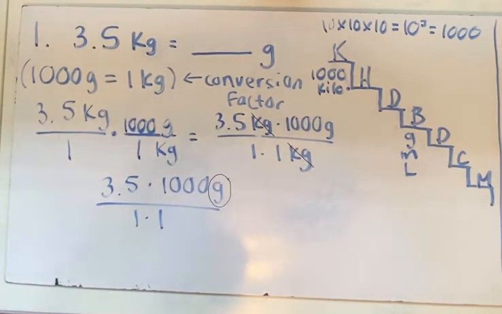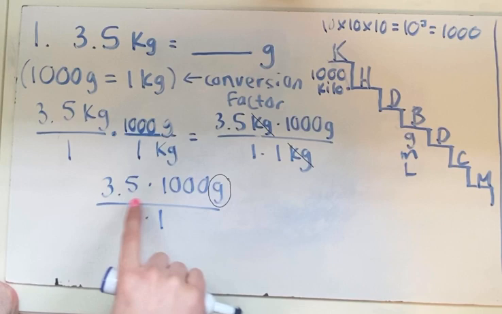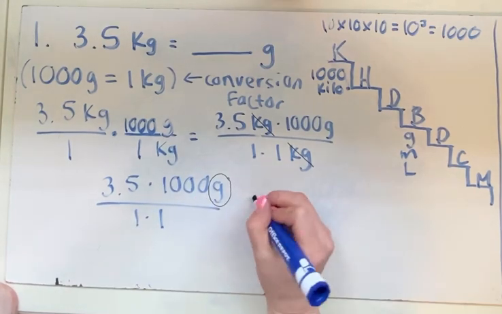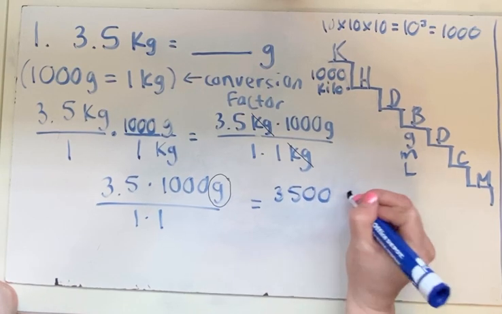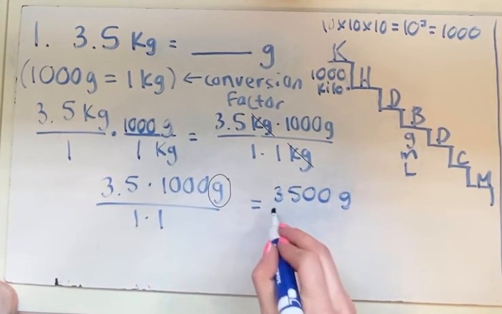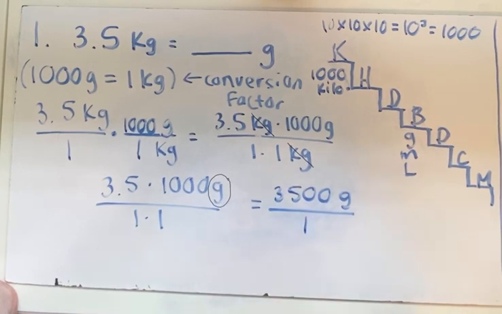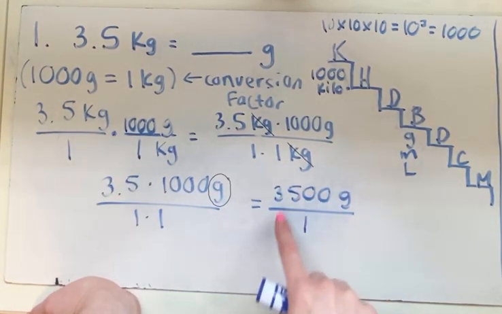Okay, so now this also tells us how to do the math. 3.5 times 1,000 is going to give us 3,500 up top, and then we have the grams. And then 1 times 1 on the bottom gives us the number 1. Awesome. Well, anything divided by itself, just like here, is still itself.